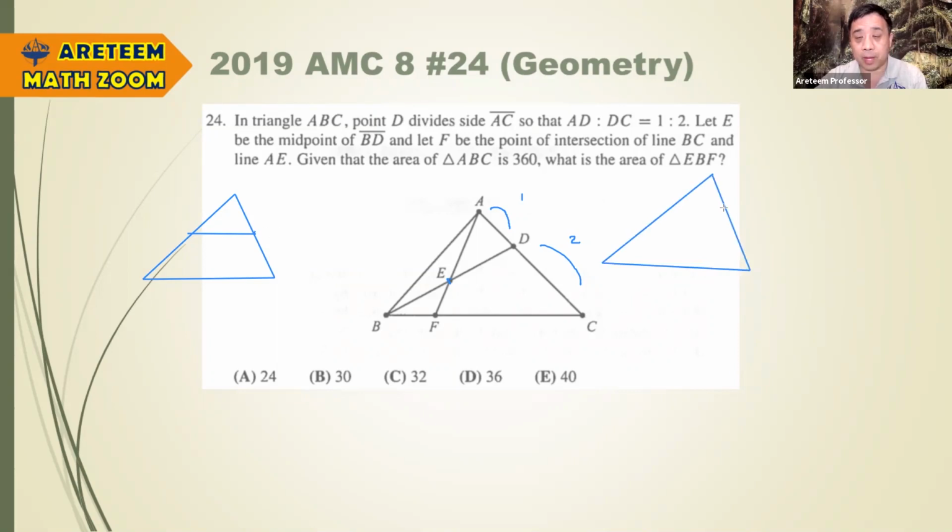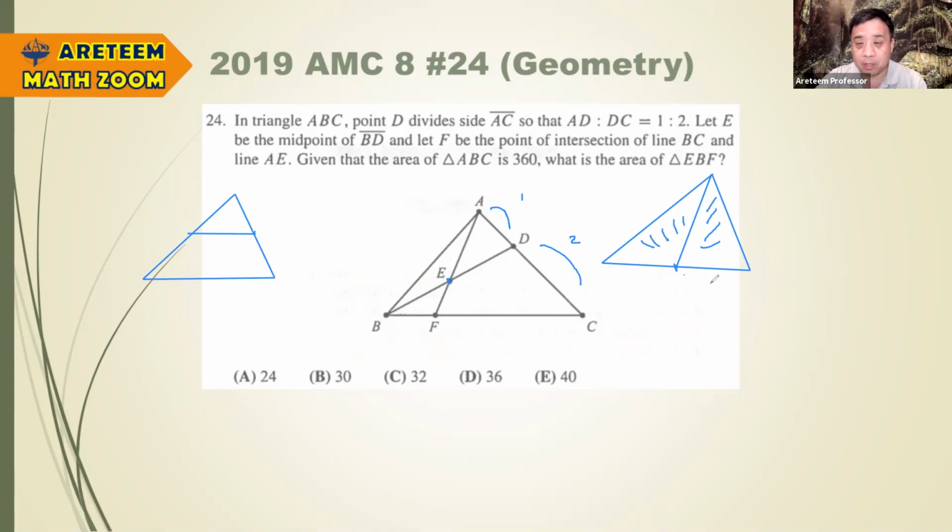Let me draw you something useful. As an example, if this is a triangle, and I draw from one vertex to the midpoint of the opposite side, then the two triangles on both sides, it doesn't matter what shape the original triangle is, have the same bases because it's the midpoint at the bottom.